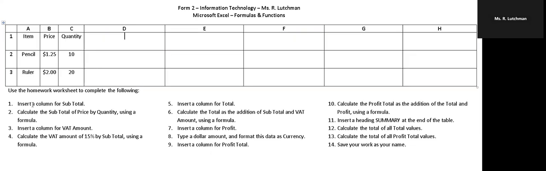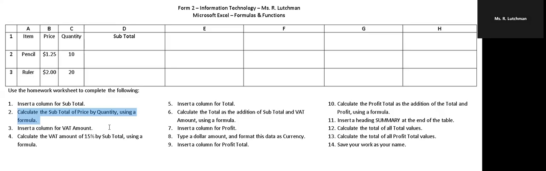So question 1, insert a column for subtotal. So let's click in the next one after the last table heading, that's D1, and I'm going to type subtotal. Number 2, calculate the subtotal of price by quantity using a formula.